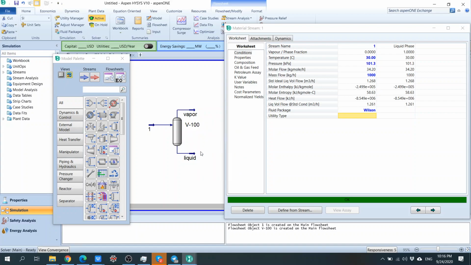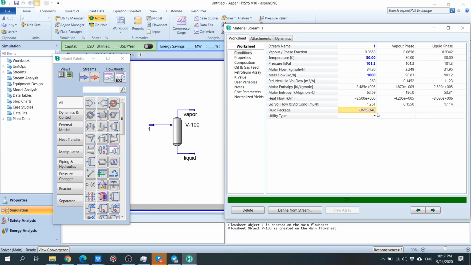That means not all of the feed comes out as liquid, some of it comes out as vapor. So when you use this Wilson, it will not be correct. So we need to find a different one, either NRTL in this case, or UNIQUAC, or you have to use the modified one. So in that sense, you can go deeper.